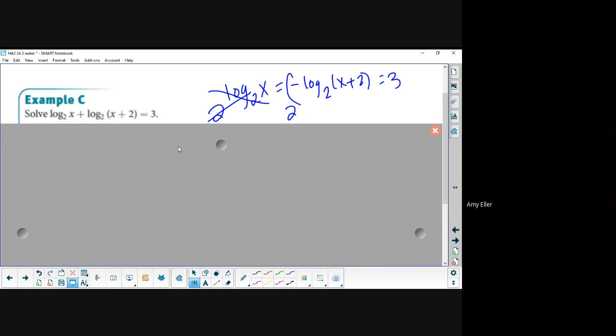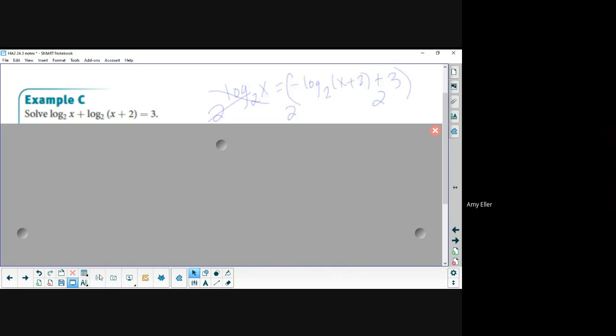But here, it's not going to work out well. Oops, I meant to put a plus 3. And I can't just put a 2 here and assume that that works out mathematically. So there's not a good way to move it over and attempt it that way.